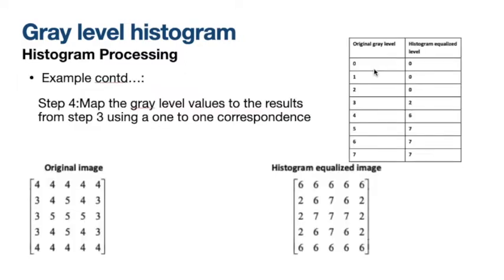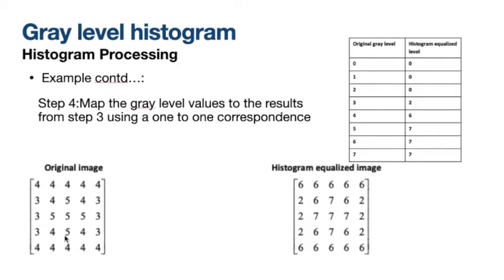So these are the gray levels in the original image, and these are the histogram equalized gray levels. Okay, so what you are going to do is replace the gray level values in the original image with these values. Okay, so in this case, this is the original image.